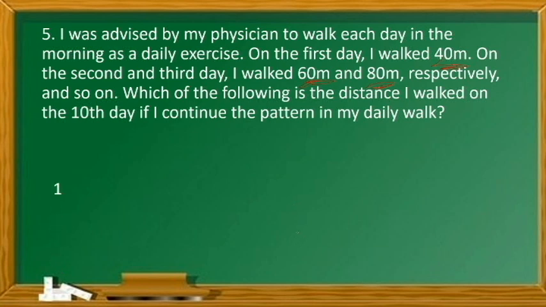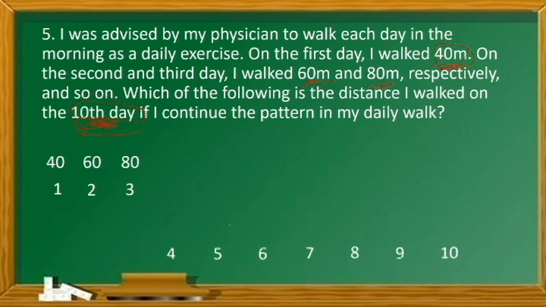First day, it says in the problem that I walk 40 meters. For the second day, I walk 60 meters. For the third day, I walk 80 meters. The question is, if it continues in this pattern, what is the distance on the 10th day?